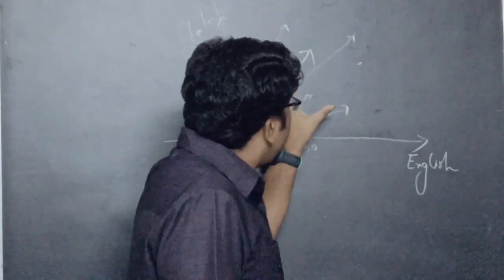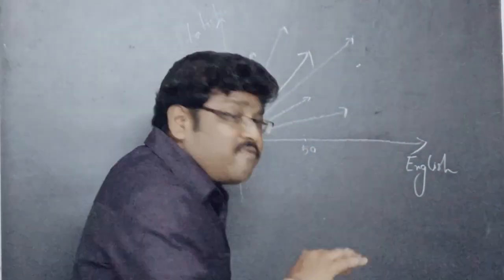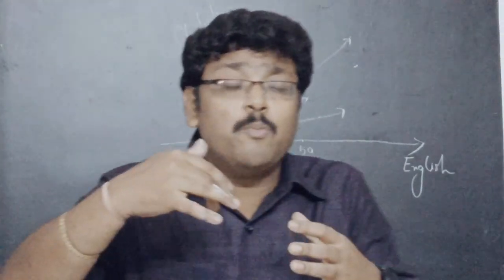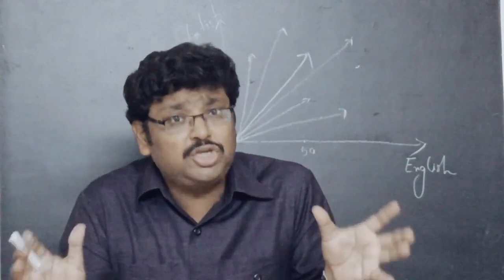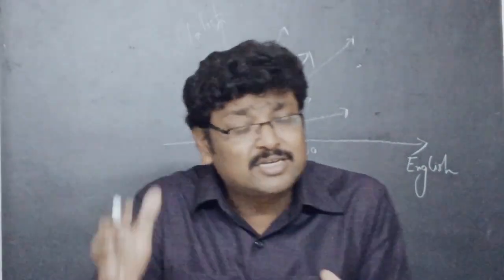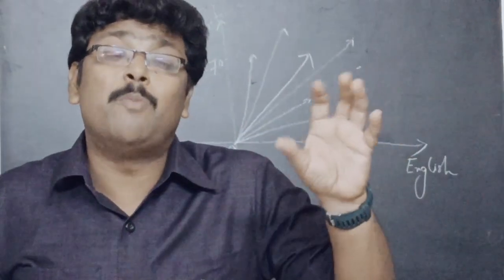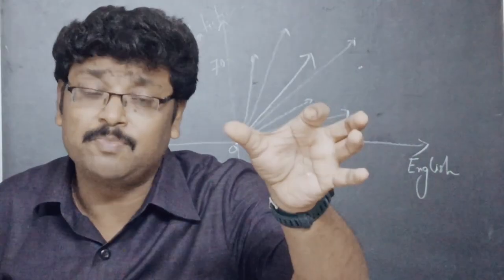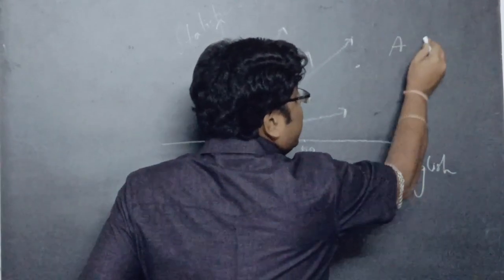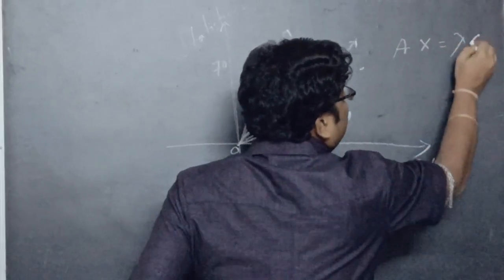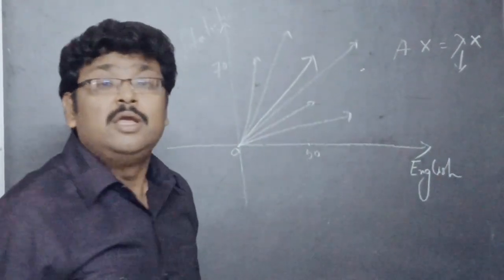Now, what is the eigenvalue? Eigenvalue is nothing but if you multiply a linear combination, a matrix, with the vector, then we get the same vector but multiplied by a scalar number. For example, a linear combination A, and this is the vector, and lambda x, then this lambda is the eigenvalue. It is a scalar.